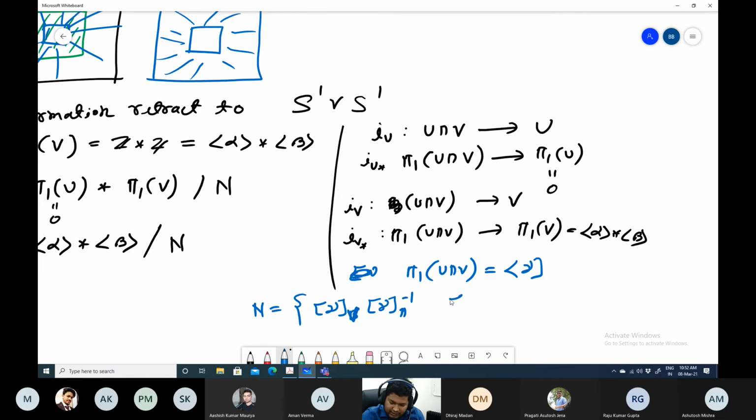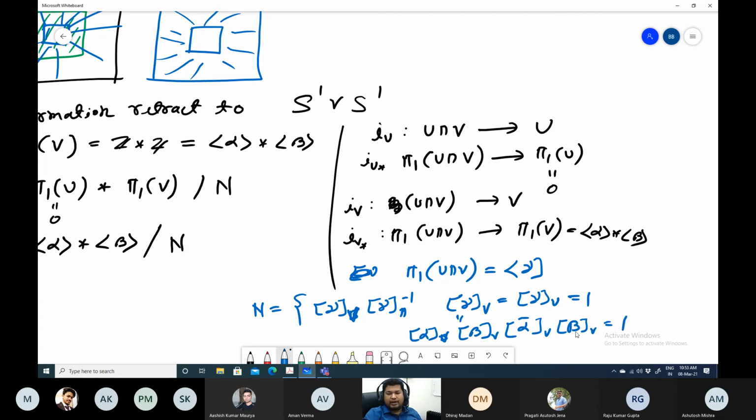Or you can say gamma V is the same as gamma U. Now what is gamma U? That is 1. And what is gamma V? We have seen it is alpha V, beta V, alpha bar V, beta V. That is 1. So that is your N. Okay, it is generated by this.